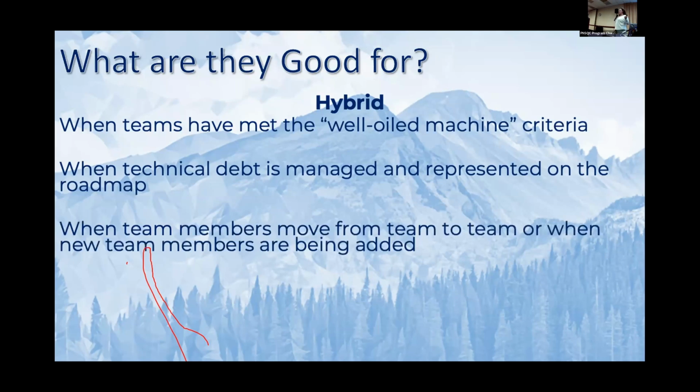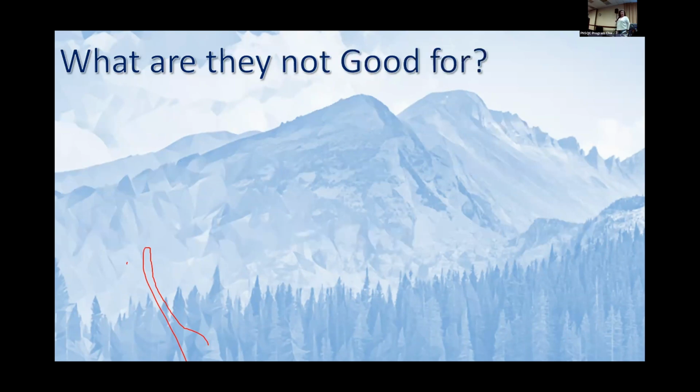When team members move from team to team, or when new team members are being added, they're seeing rapid growth. You might be bringing in a contracting or an outsourced partner, distributed or nearshore, offshore type of thing. When you're moving team members from team to team to team, that hybrid approach might be a good approach for you to consider with your testing.